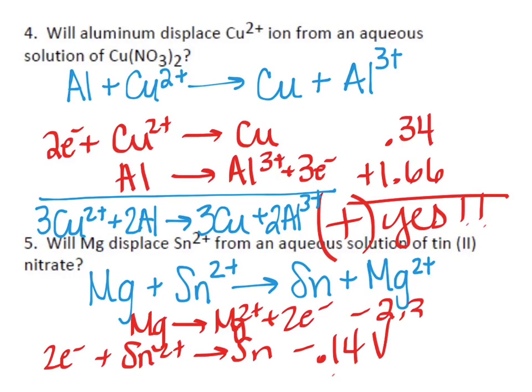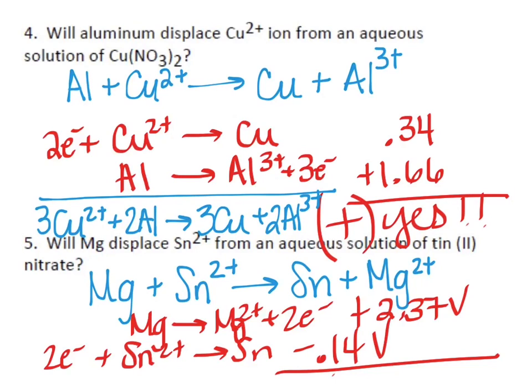Negative 2.37, but it's flipped, so it's a positive 2.37. How do we know which one is flipped? If it's not on here exactly the way that you've written it, then it's flipped.